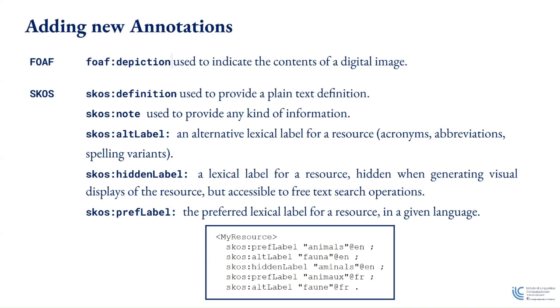That is a label that is hidden when generating visual displays of the resource, but accessible to free text search operations. So you can retrieve this information by querying the resource, but it is not visible, okay? And then we have SKOS prefLabel, that is the preferred lexical label for a resource, for a class, okay?